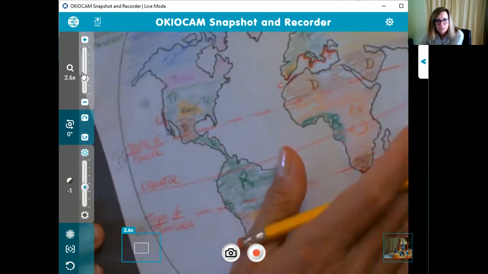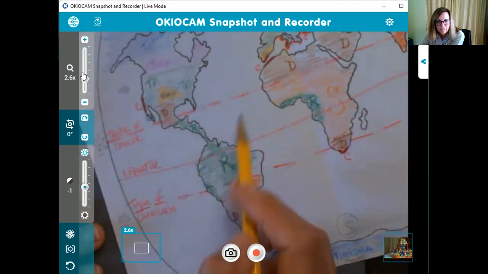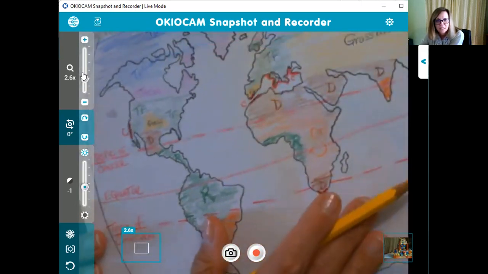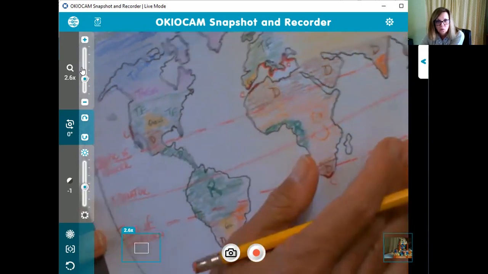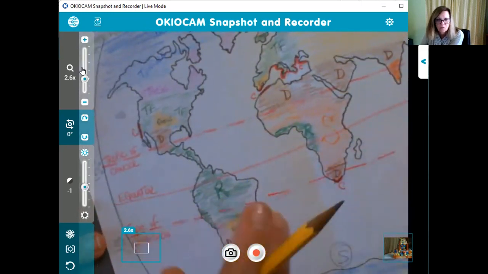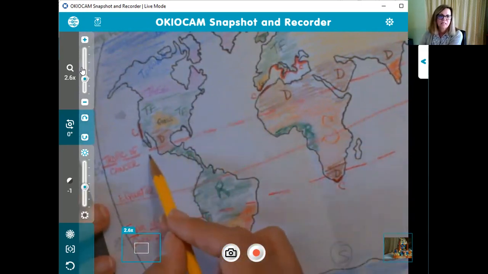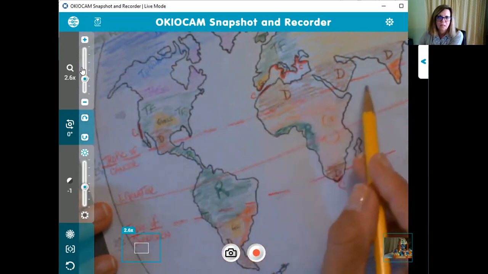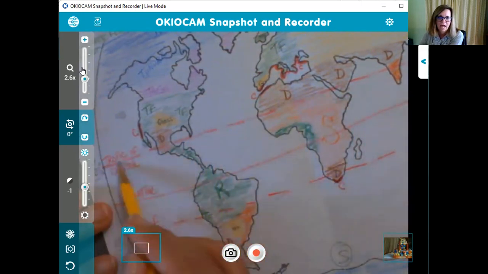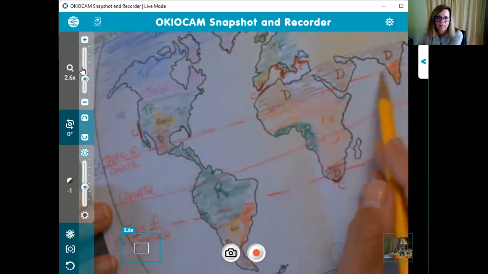Okay, so let's talk about this area here. When the sun is directly over the Tropic of Cancer, that is June 22nd, 23rd. That is when the sunlight is hitting this area the most in the world. So this is when it's the hottest here, in June. Okay.